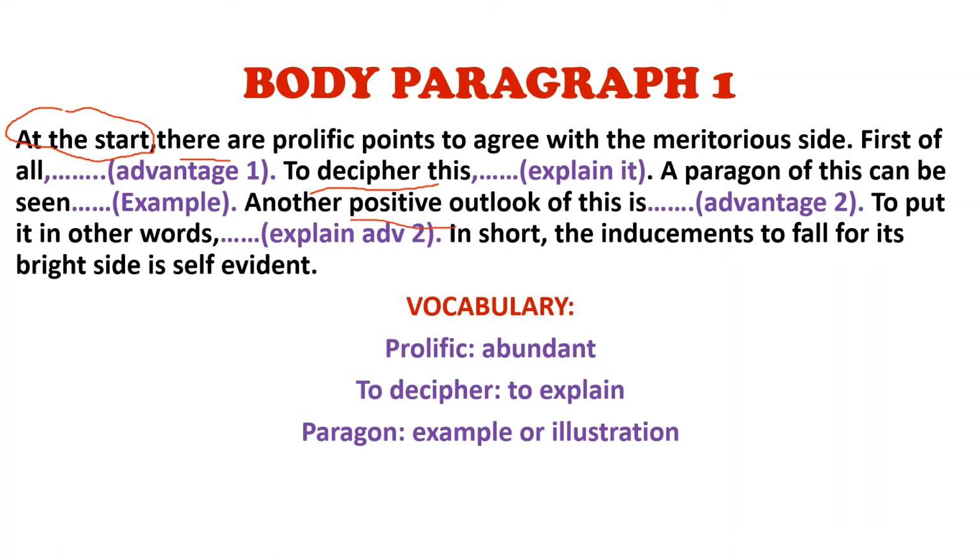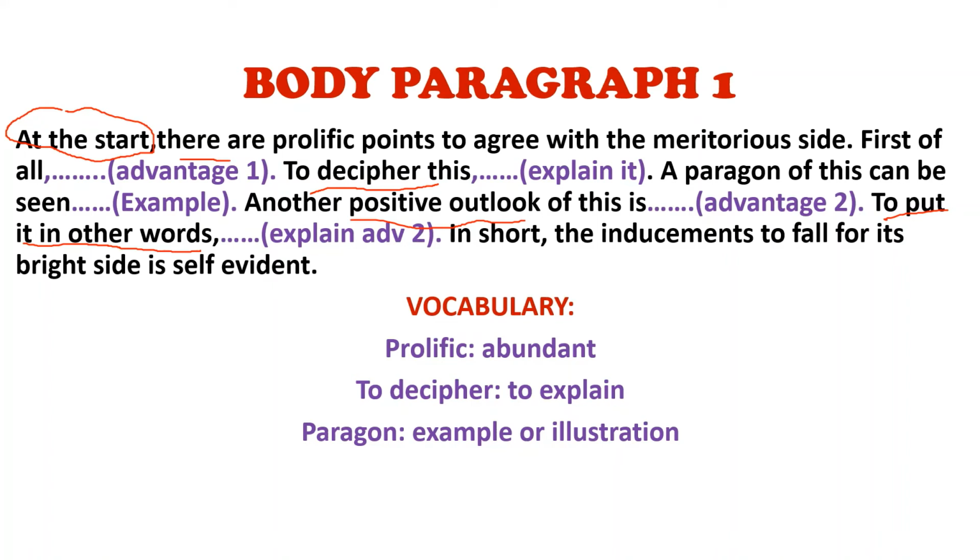Another positive outlook, that is, another advantage. Another positive side of this is, and you will give your advantage 2. To put it in other words: this is again one phrase that is used to explain your idea, not to give another point. If you say moreover or furthermore, it means you are moving to your next idea, but here we are not moving to the next idea, we are explaining our advantage 2.